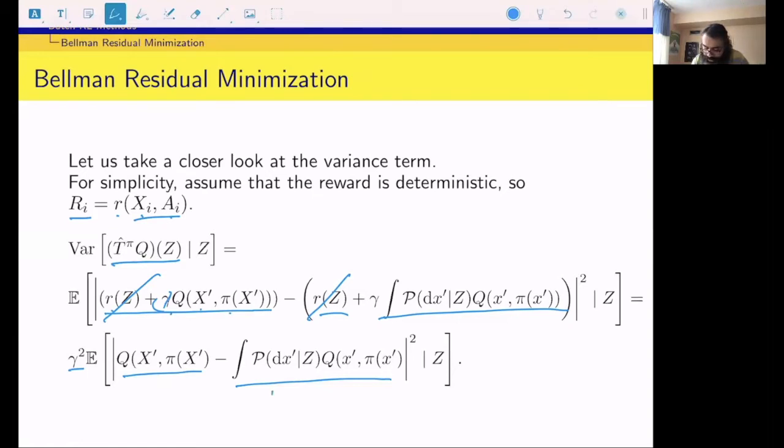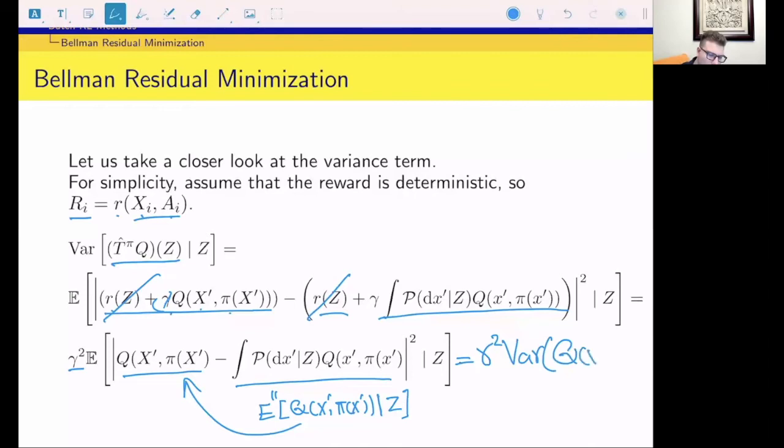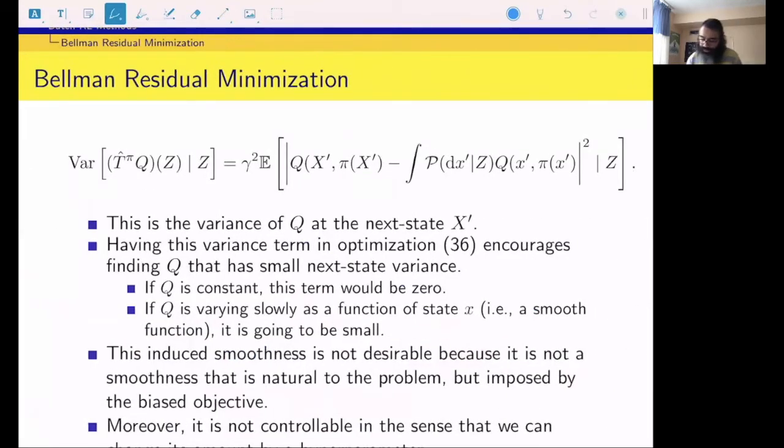This would be essentially Q of x', pi of x', conditioned on Z. This is the expectation of this term, which makes the whole thing sigma squared, the variance of Q of x', pi of x', conditioned on Z. That's what we get.